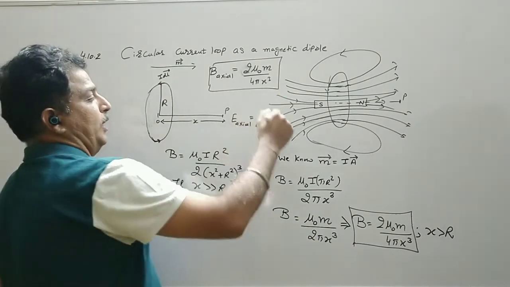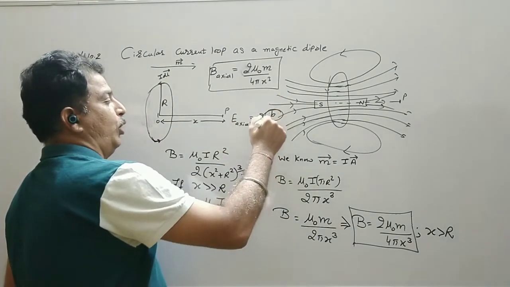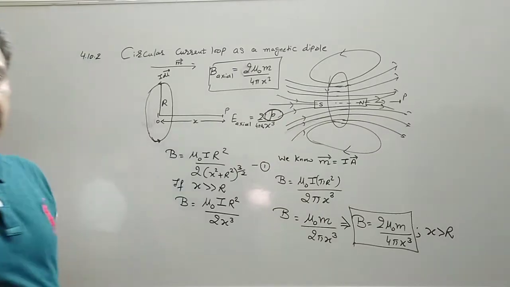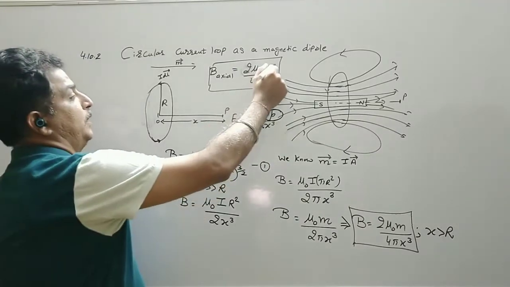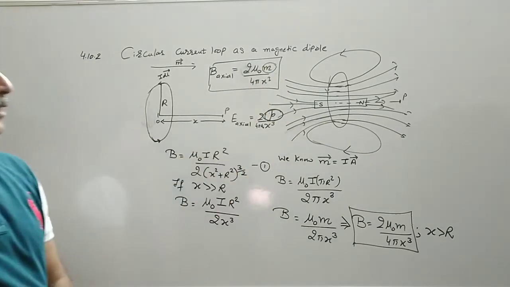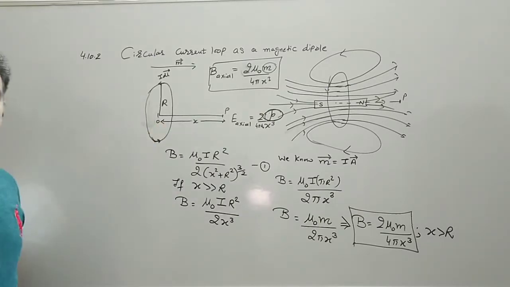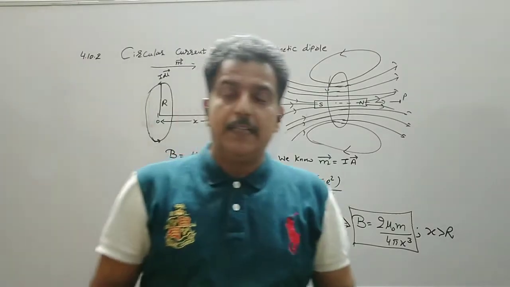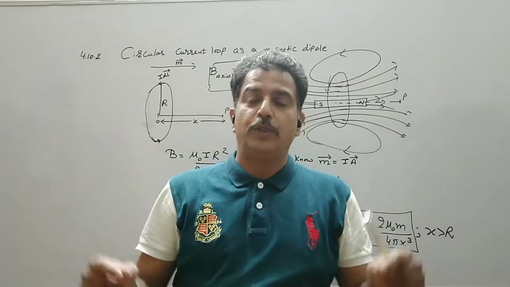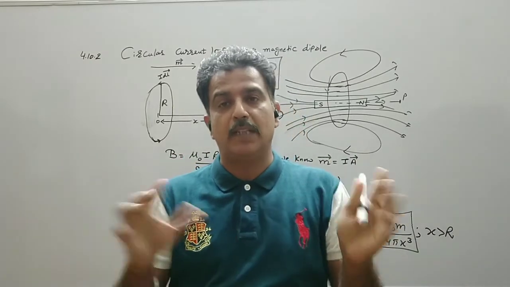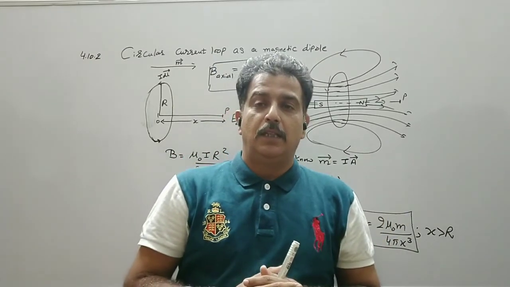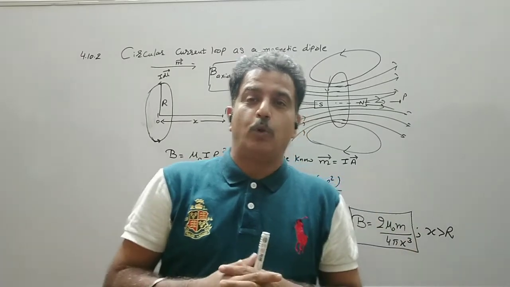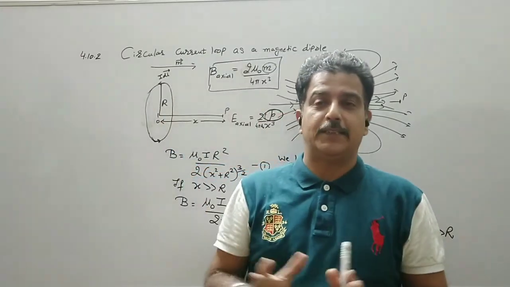So whatever role was played by an electric dipole moment in electrostatics, the same role is played by the magnetic dipole moment. The only difference is that the electric dipole consists of two discrete charges, that is one plus and one minus, and the magnetic monopole does not exist.